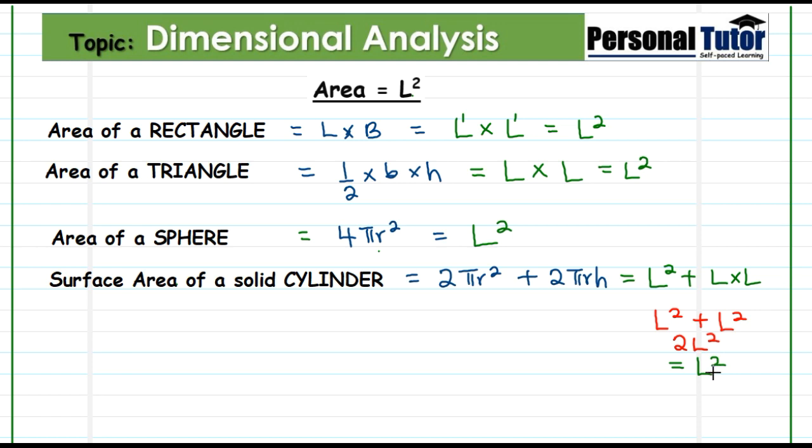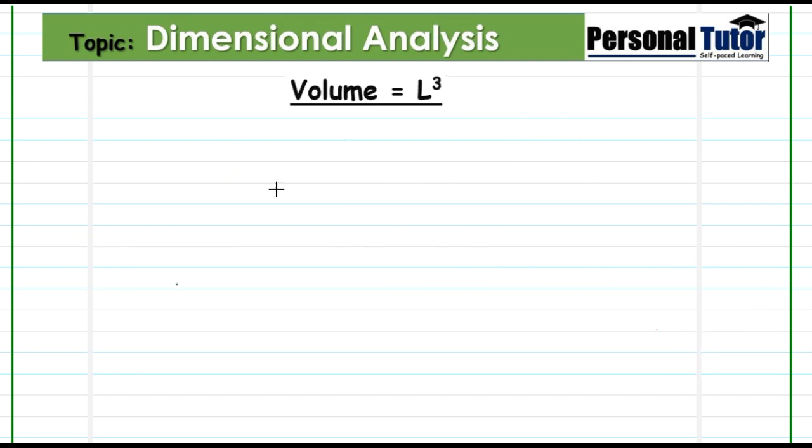Let's now look at volume. Volume has a dimensional equation as L exponent 3. Let's look at some various shapes that have volume. Volume of a keyboard. Mathematically, the volume of a keyboard is written as the length times the breadth times the height.